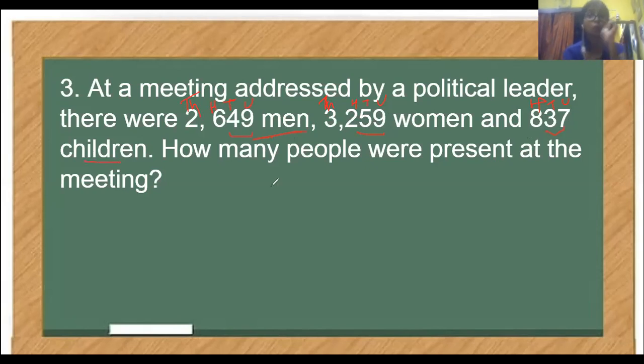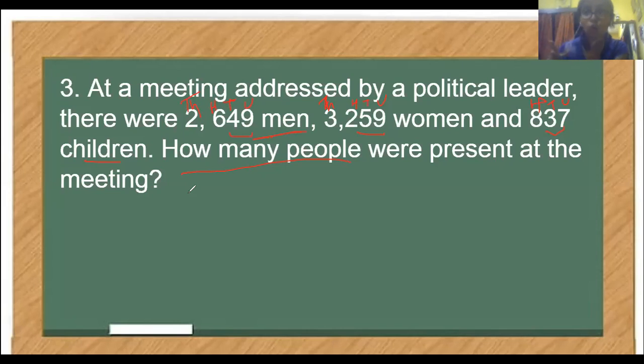Now look at the question, this is the question mark, means this is where our question lies. How many people, कितने लोग were present at the meeting? इतने आदमी थे, इतने औरत थे, इतने बच्चे थे. These many men, 2,649, 3,259 women, and 837 children.